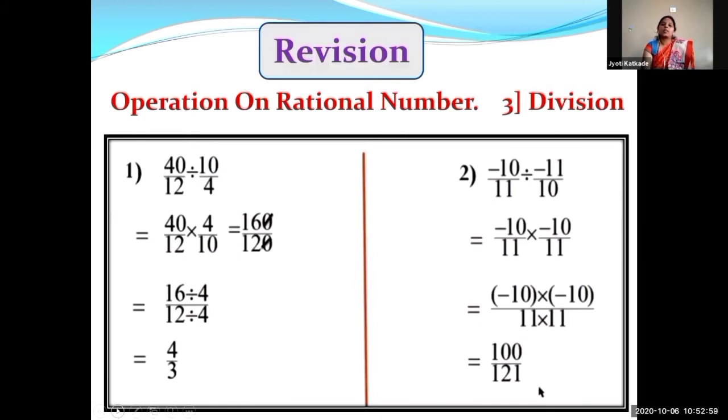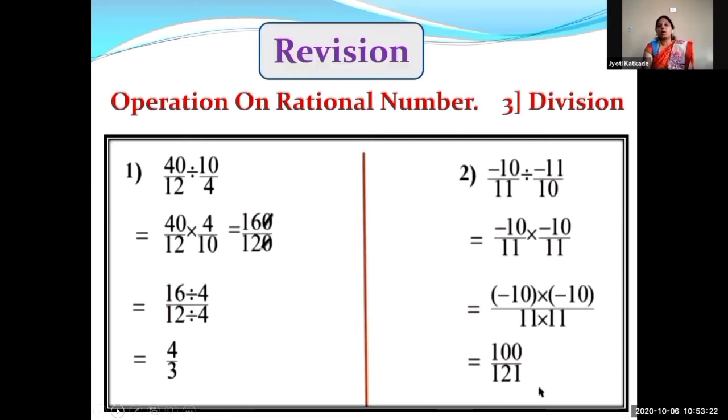Remaining is 16 divided by 12. Now 16 and 12 are both divisible by 4, so divide by 4. 4 4s are 16 and 4 3s are 12. Our answer is 4 divided by 3.